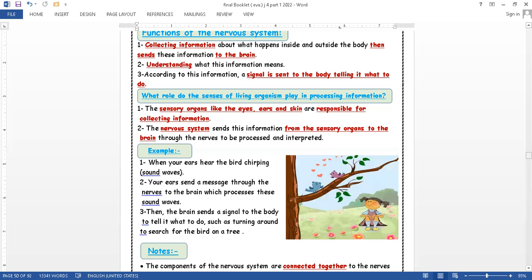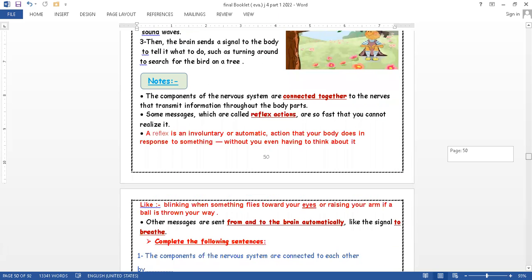So all of this information has to be saved in our memory, because the brain searches and takes this information and sends it back to us by searching in our memory.